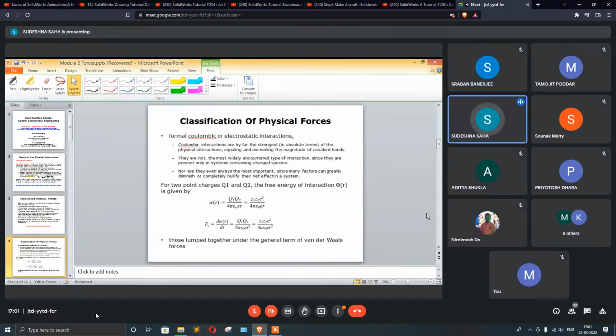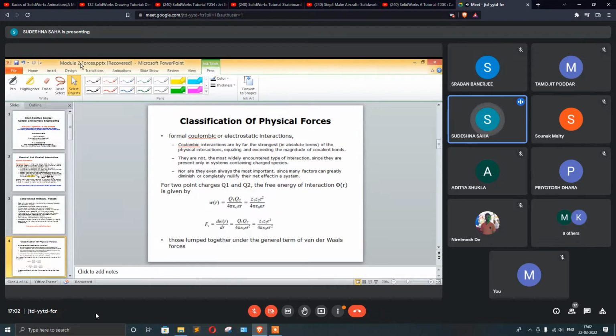Obviously, we all know about this calculation that I have put over here. It is the interaction between two charged atoms or molecules, which is potentially the strongest form of physical interaction to be considered at interfaces and in colloidal systems.